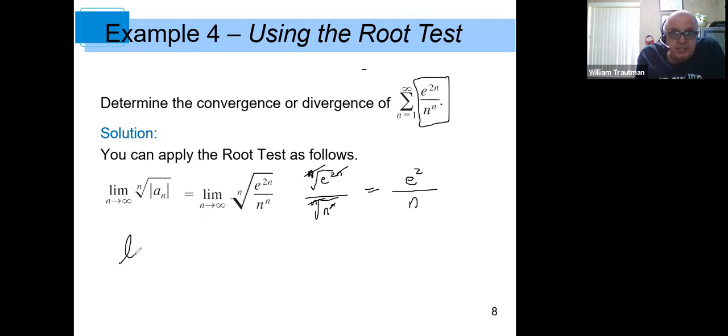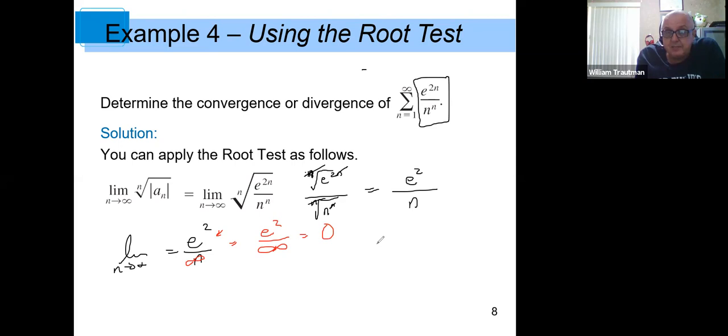Now, if you take the limit as n approaches infinity, and put infinity down here in n. This is a constant. So it's just a constant divided by infinity, which equals 0.